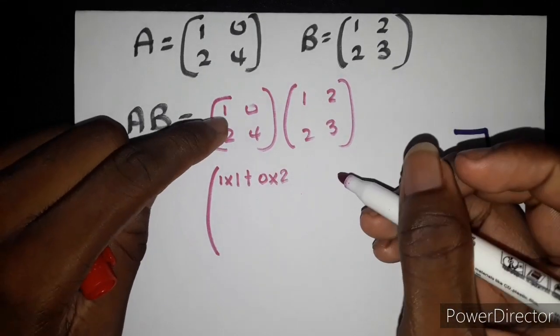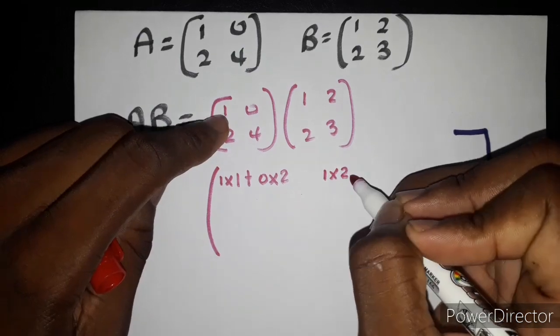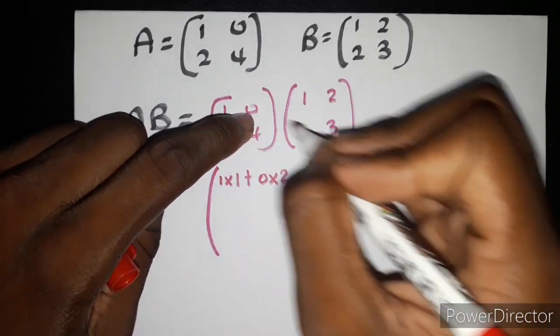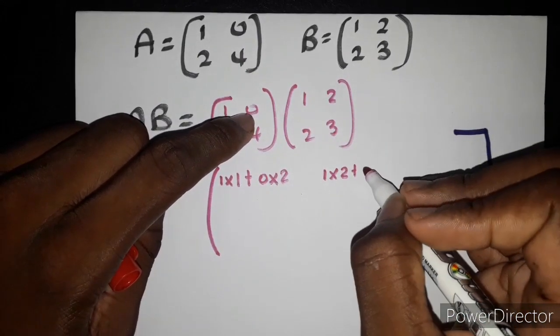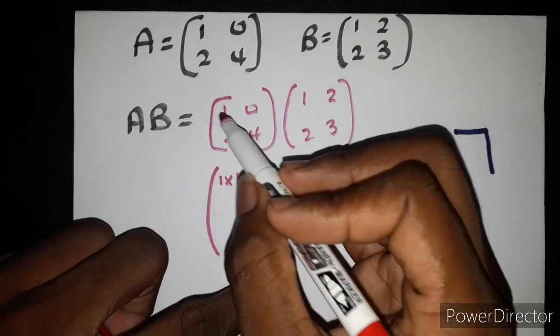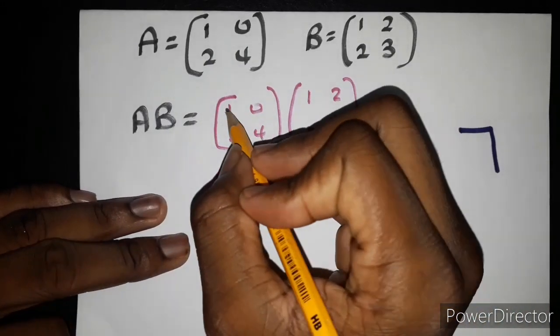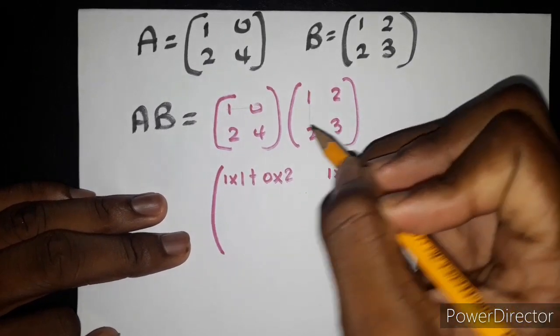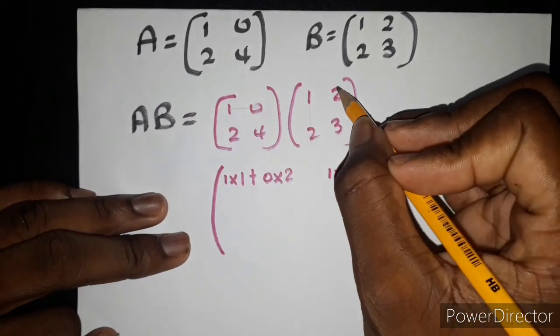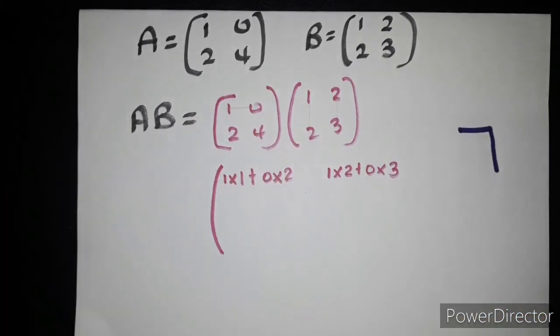And if you want to find the second one, it will be 1 times 2 plus 0 times 3. So it is row by column, and then the same row by the other column. And then we go to the bottom row.